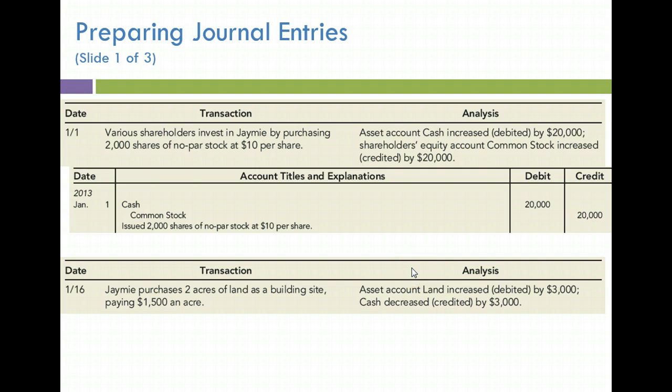What's happening here to land? It's going up. What's happening to cash? Do our assets change? No. But the form of our assets are changing, aren't they? So basically, the asset land is going to go up 3,000, and the asset cash is going to go down 3,000.